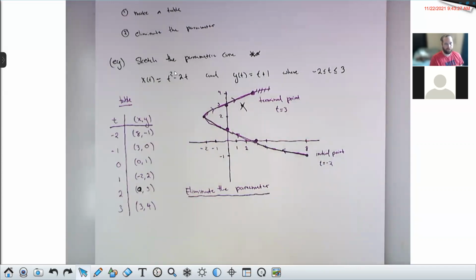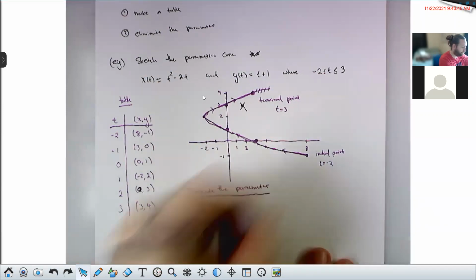The easiest way to eliminate the parameter here, this guy has some t's and t squareds. This guy just has t's. So if I solve this for t and then plug that in here, I will get a regular xy equation. So to eliminate the parameter, I'm going to solve the y equation for t and take that result and plug it into the x equation.